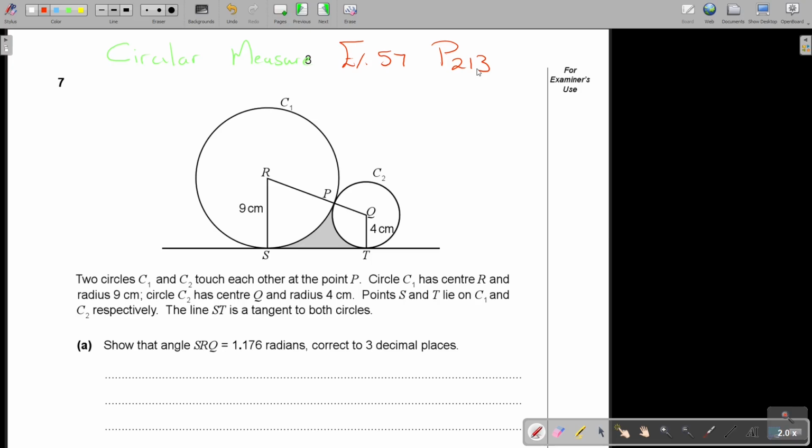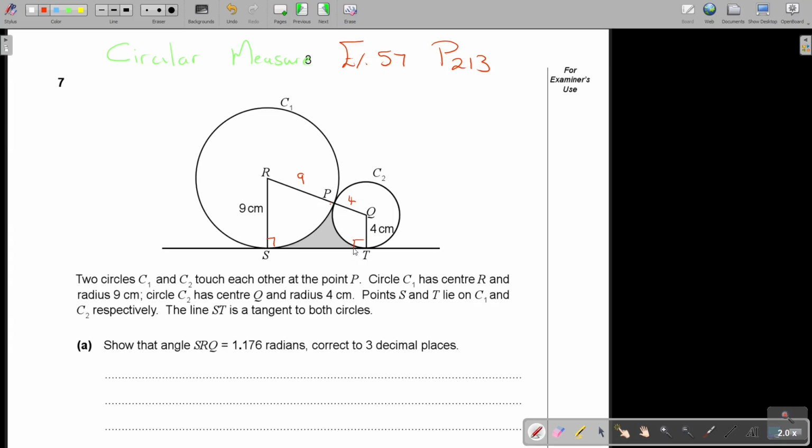If this is 9 centimeters, we can also say that this will also be 9. That's also a radius. If this is 4, then PQ is also 4. This is a tangent ST, so the angle between a radius and a tangent will also be 90 degrees.